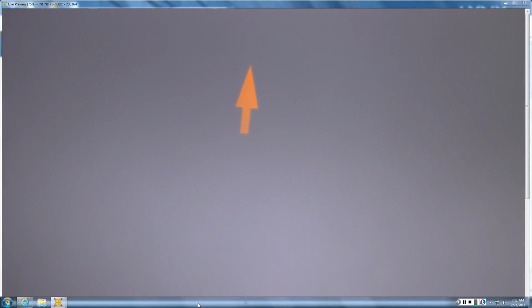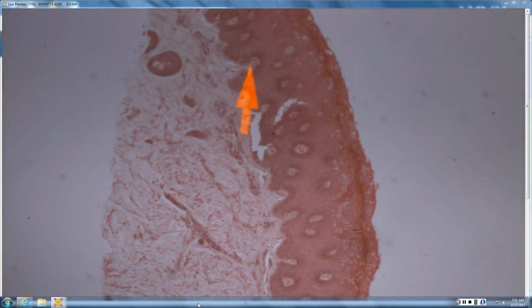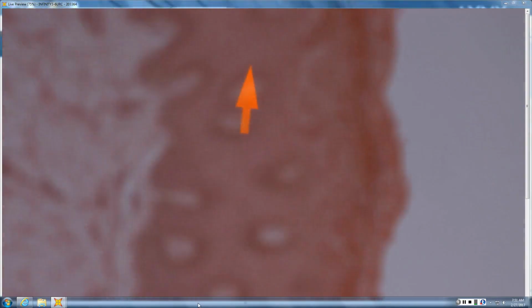Okay, this is a good one. It looks like there's some acanthosis and some koilocytic change. Certainly looks HPV induced. Doesn't quite look like EDV, but there's also that cookie cutter change in the stratum corneum.